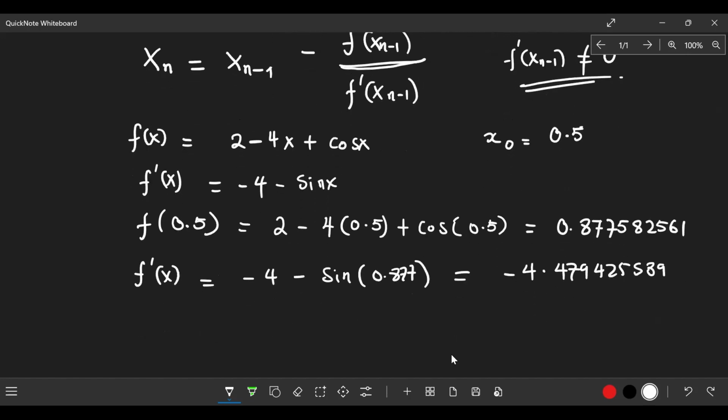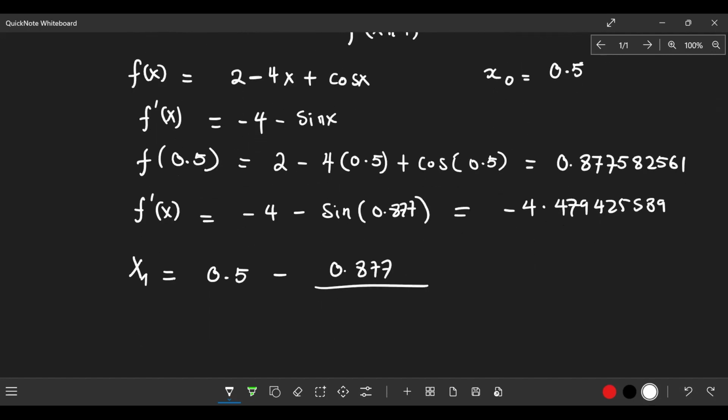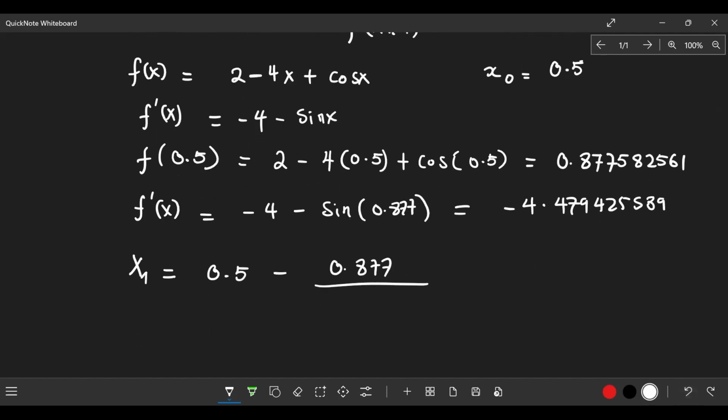So we're going to use the values now to find x1. So for n equal to 1, x1 is equal to x n minus 1, which is x naught, the previous value, which is 0.5, minus f of x n minus 1, which is the 0.877 whatever there, and then divide by the derivative, which is negative.